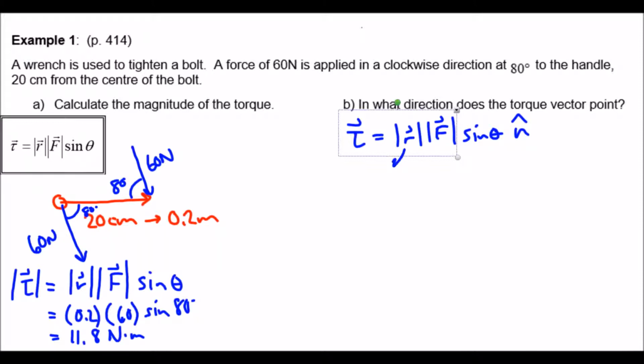The first one is always my index, the second one is my middle. So if my index is along here and my middle finger is along here, I can see that the direction is going into the page. So my thumb is going into the page.